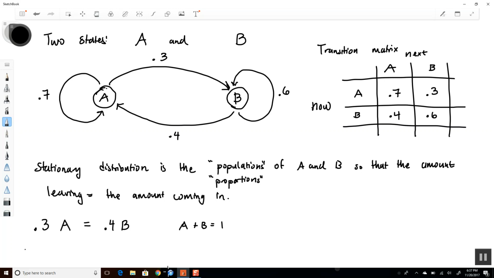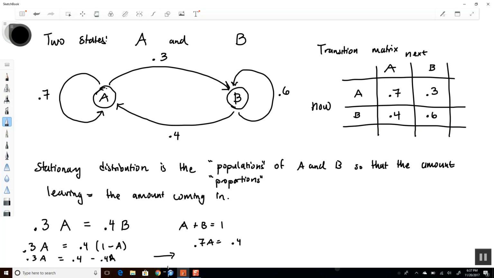So I'm going to have 0.3A equals 0.4 times 1 minus A, and then I'll have 0.3A equal to 0.4 minus 0.4A. And what do I have? 0.7A equals 0.4.